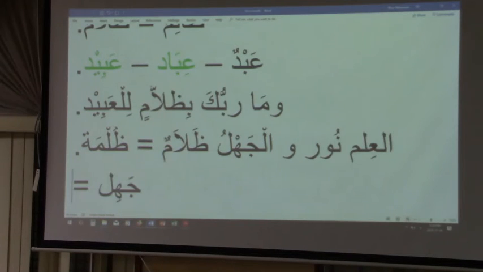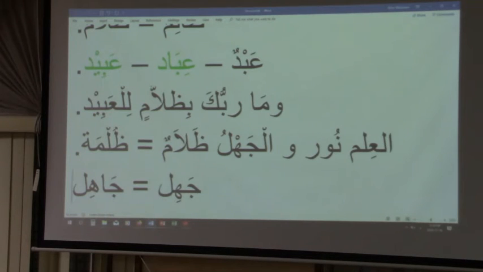Now the doer of jahila, jahil. ما معنى جاهل? You use it in Urdu. Ignorant. In Sri Lanka, do you use this word? It's not far from India, but totally the language is different. So we have jahila and we have jahil. The ignorant.